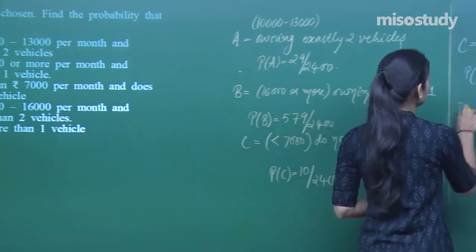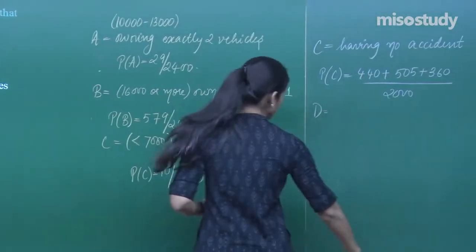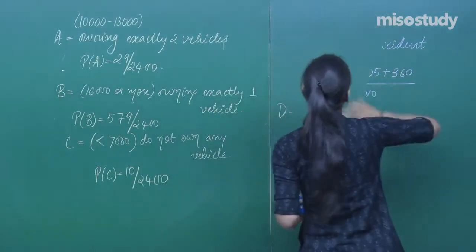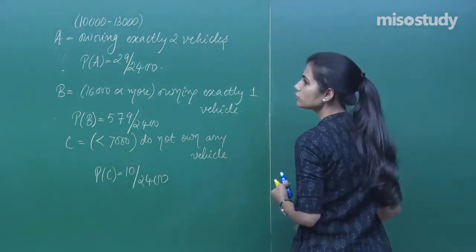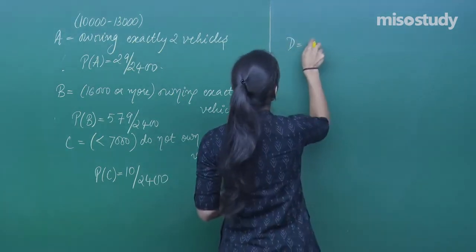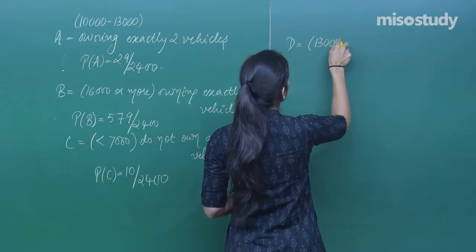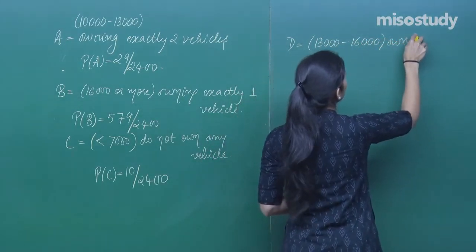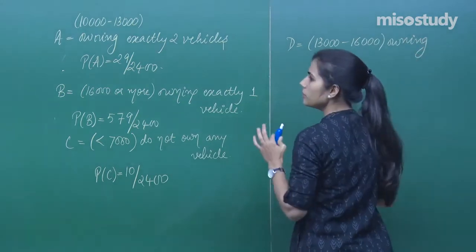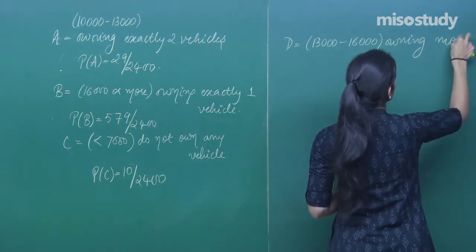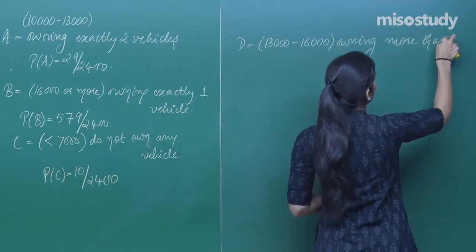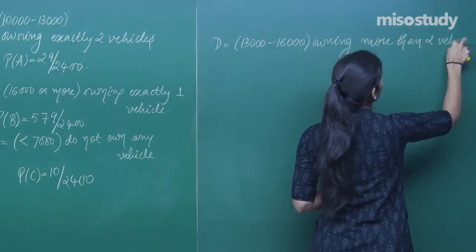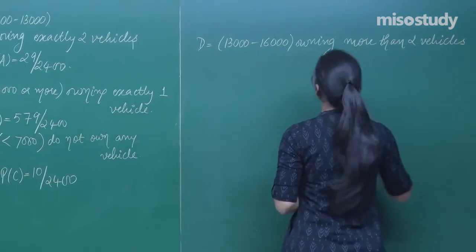So, you have this event D which is saying that earning is lying in which range? 13,000 to 16,000, owning more than 2 vehicles. Okay, owning more than 2 vehicles.